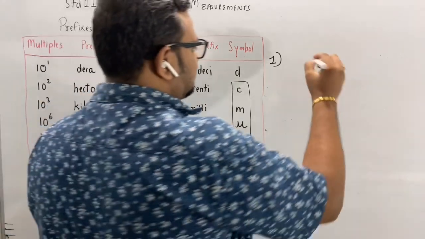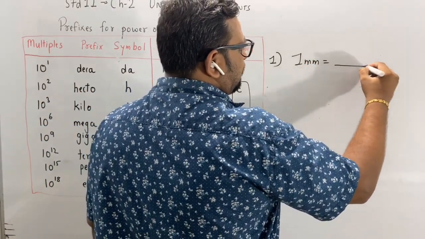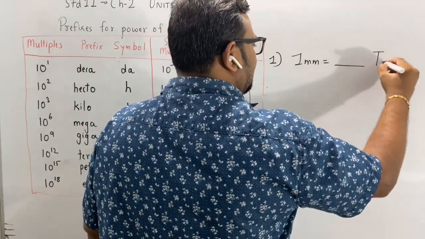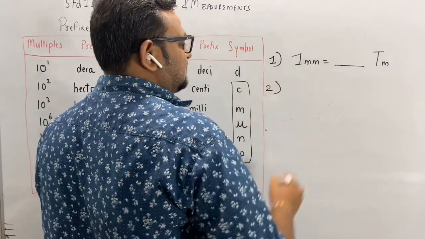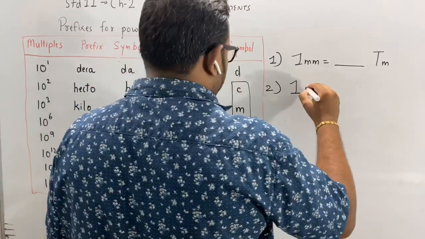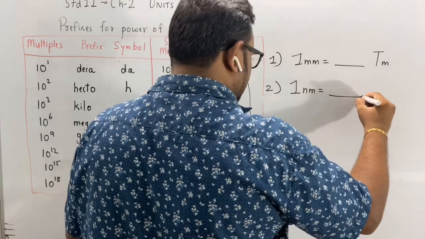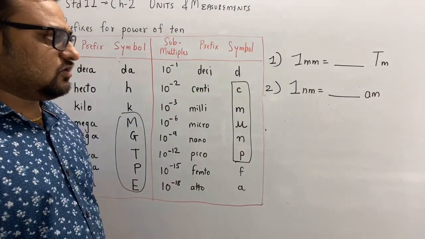I am writing first, 1 millimeter equals dash. Second, 1 nanometer equals dash atometer.